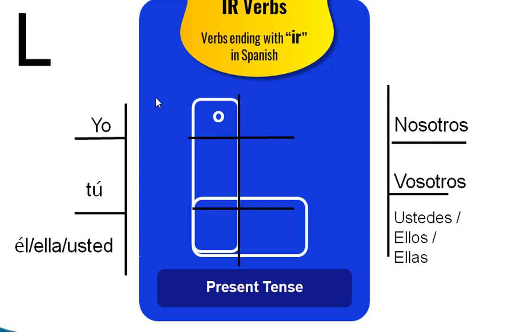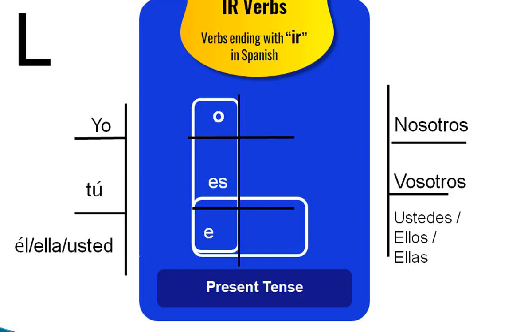Let's go about it. The first one, as we guessed, was right. It's o. For AR verbs the yo form ends with o, ER verbs end with o, and IR also follows the same pattern. Here comes the twist. For tú, it's es, same as the ER verb.